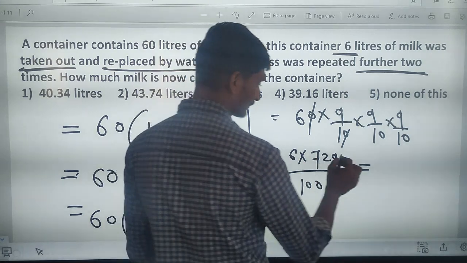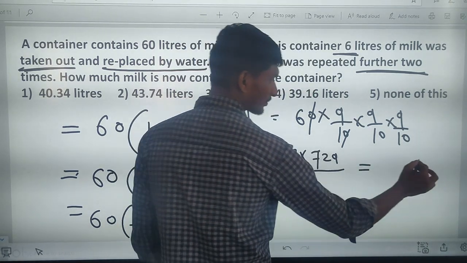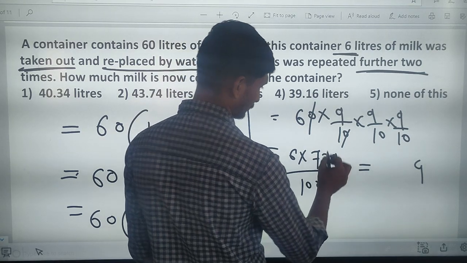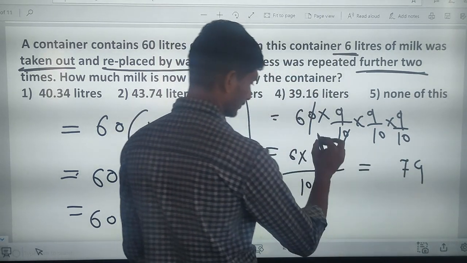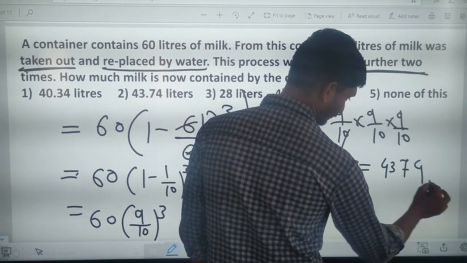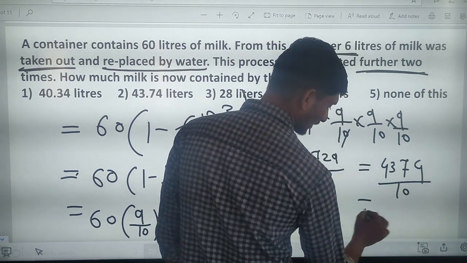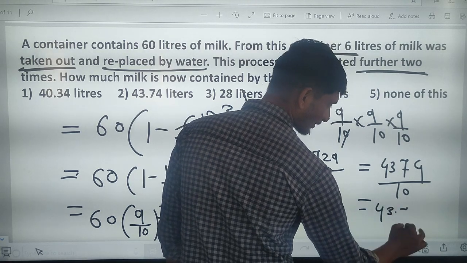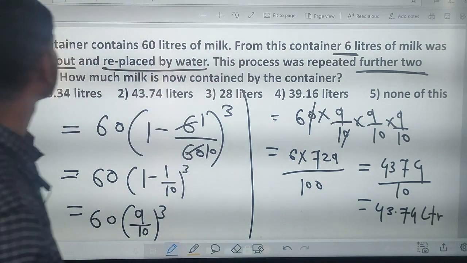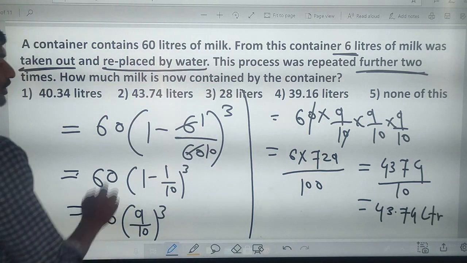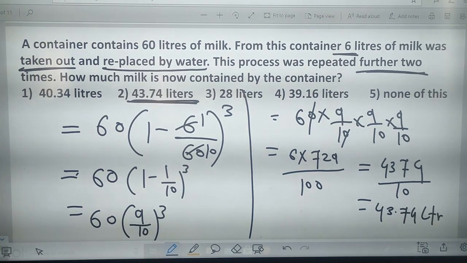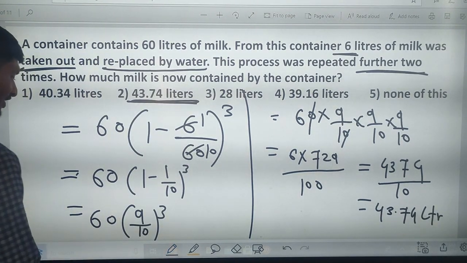Now multiply. Divided by 100, that is 43.74 liters. Now milk in the container is 43.74 liters.